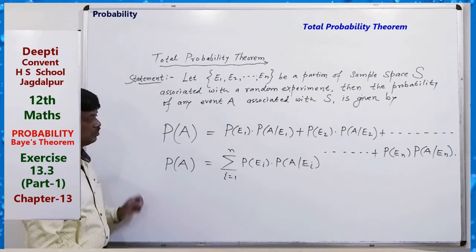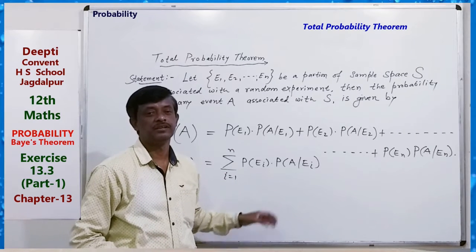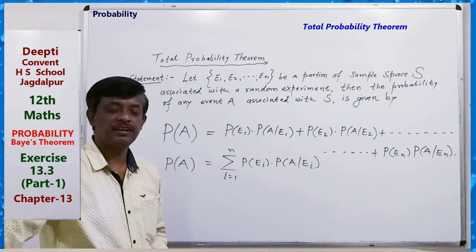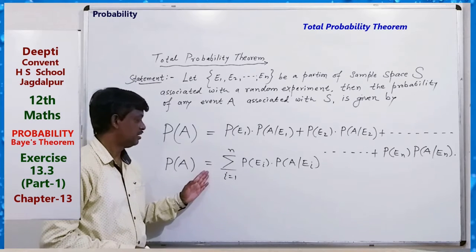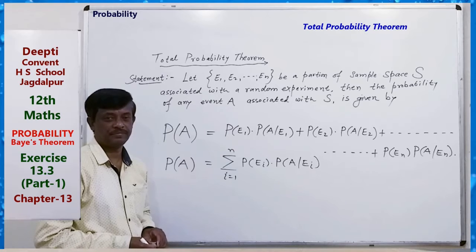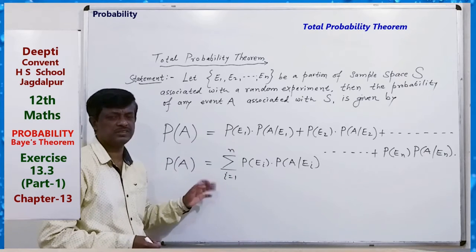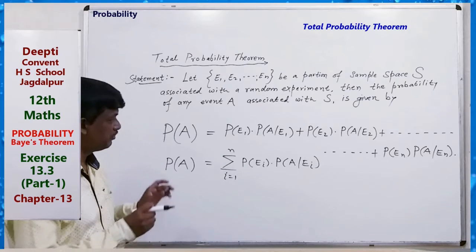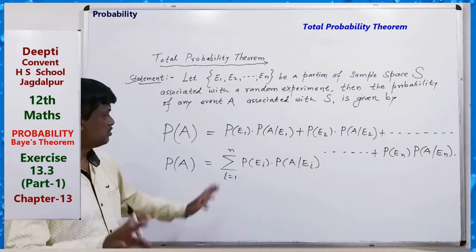Clear? So note this down, because this total probability theorem is used in deriving the formula for Bayes theorem. This is the main part. For total probability, its proof is very simple, so the proof is not required.